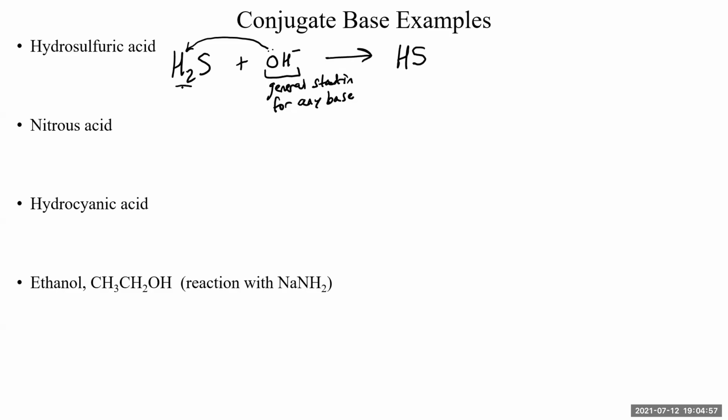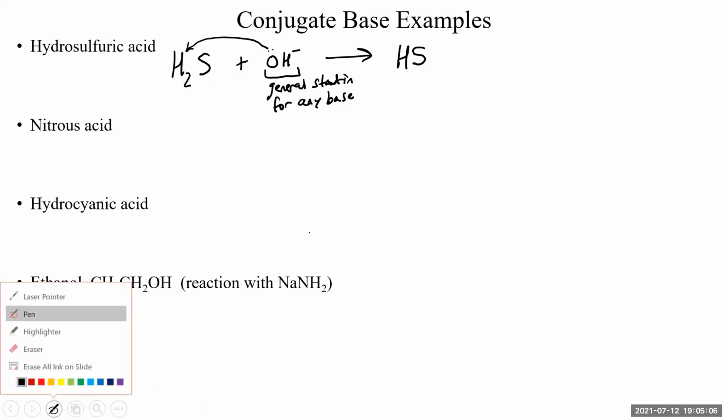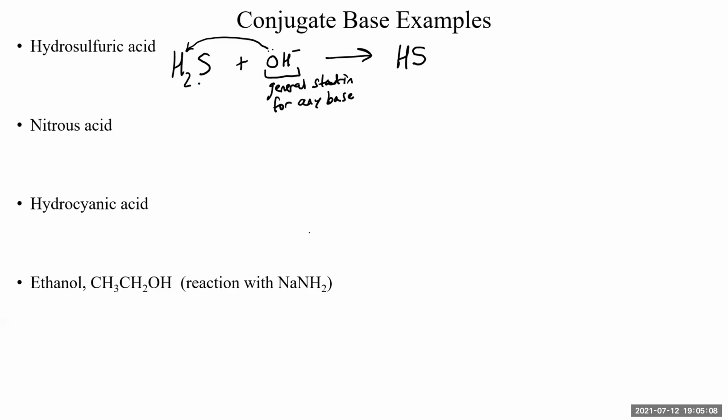HS. So hydrosulfuric acid loses one of its hydrogens. How do I best represent this? I'm not really sure. So we end up with HS. Of course, what's the charge now?